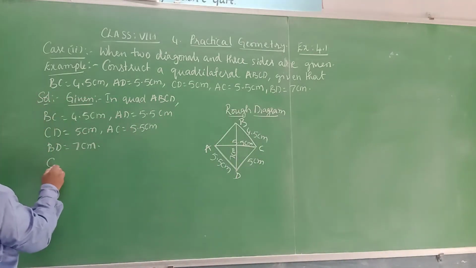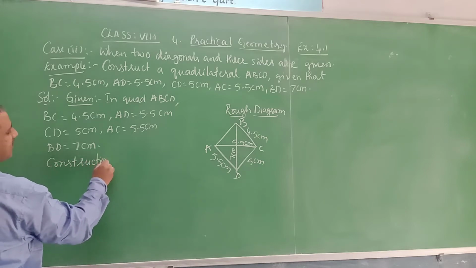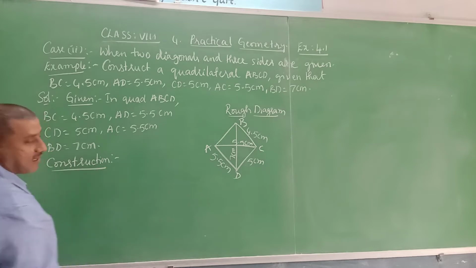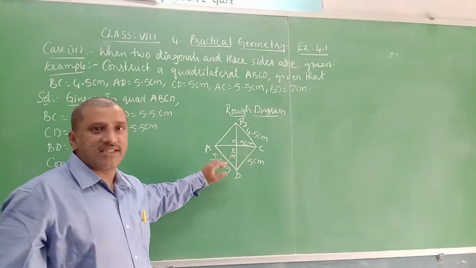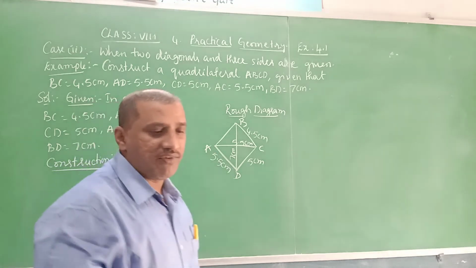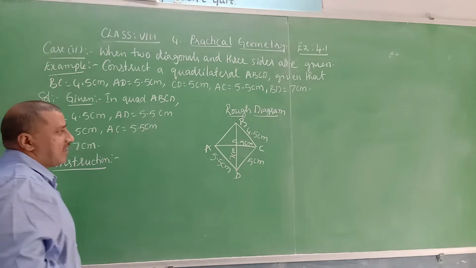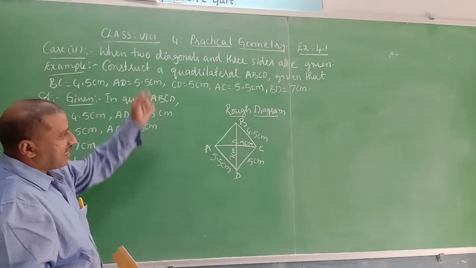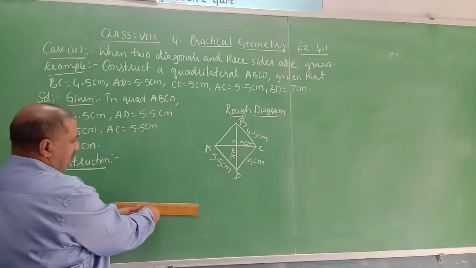So now construction. The third heading is construction. How to draw it? As usual, we again use triangle properties, that is SSS congruency. When we know three sides of a triangle, we can draw the triangle. Now you see here, the first step is to draw AC as usual.